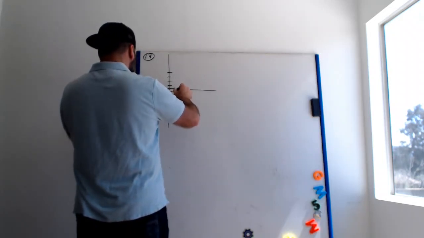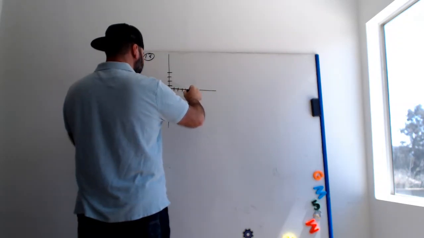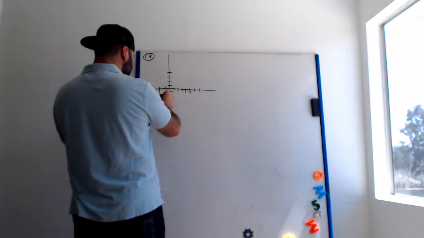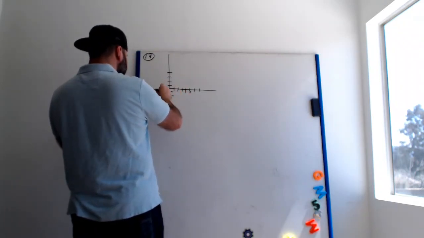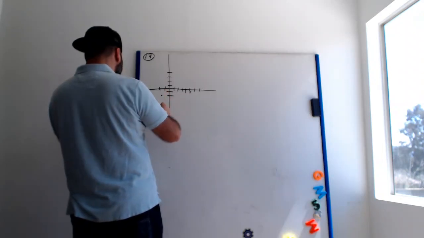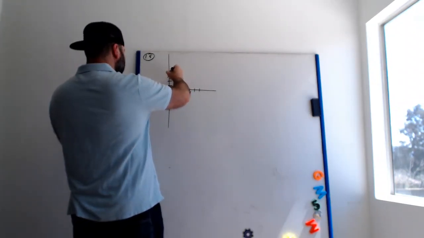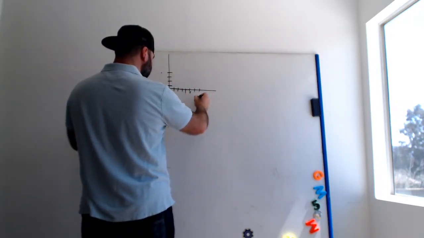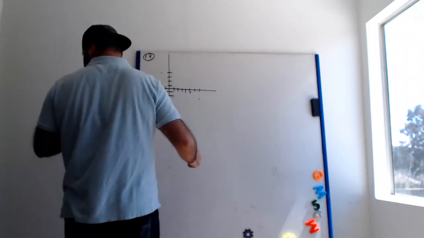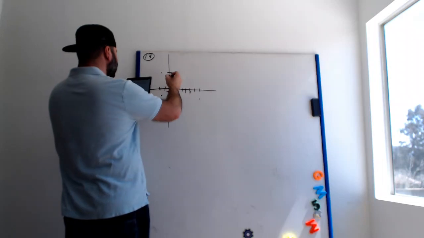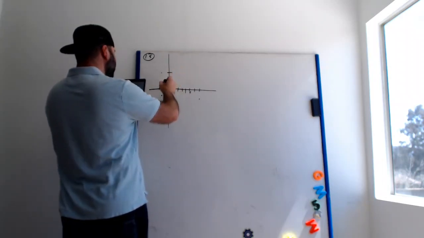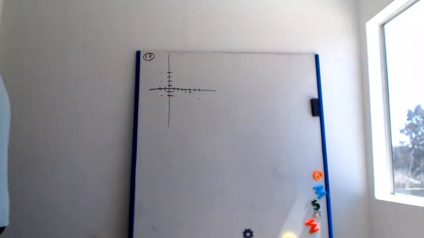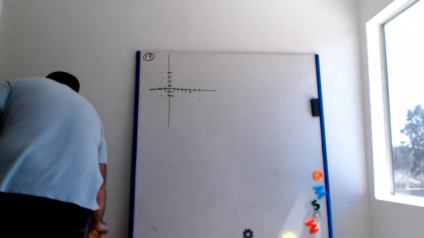1, 2, 3, 4, 5, 6, 7. Okay, so we have -2, -2, and that spacing doesn't look right, so I'm going to fix that. -2, -2, +4, -2, and then 7, -2. And then I have another coordinate right over here at +2, -2. Okay, so there's my diagram.